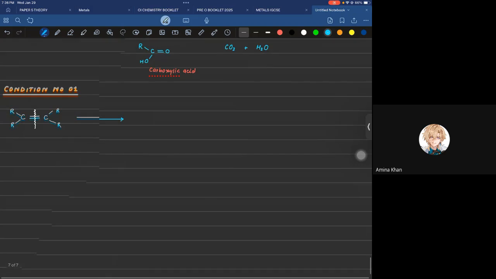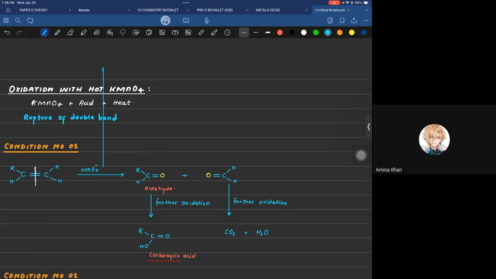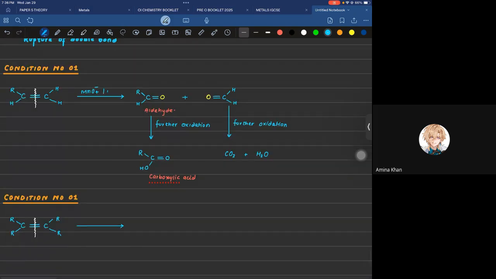I'm using the same condition, MnO₄⁻/H⁺, and the hot condition.